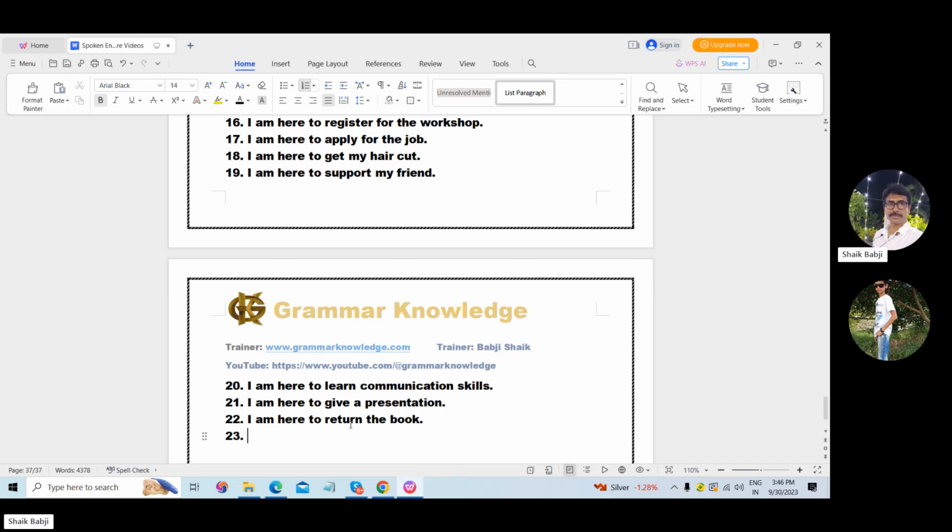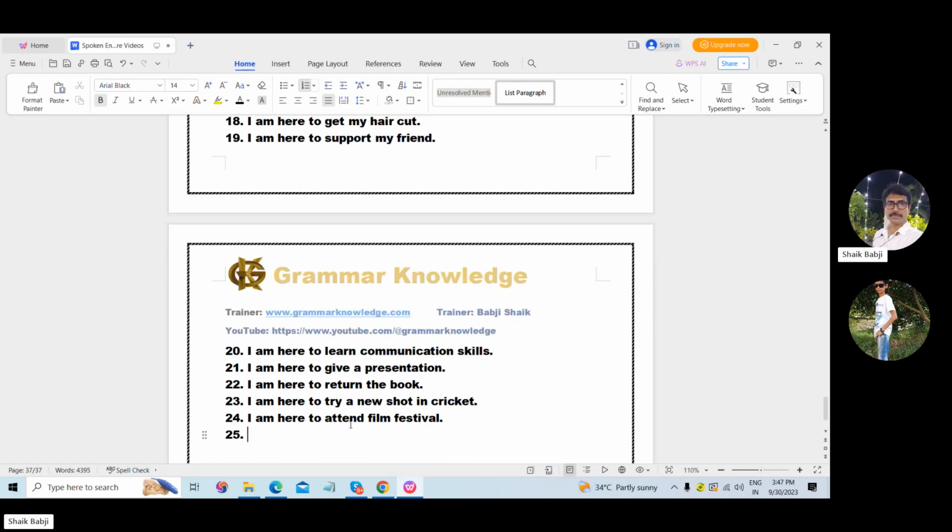I am here to try a new shot in cricket. I am here to attend the film festival. I am here to visit the museum.